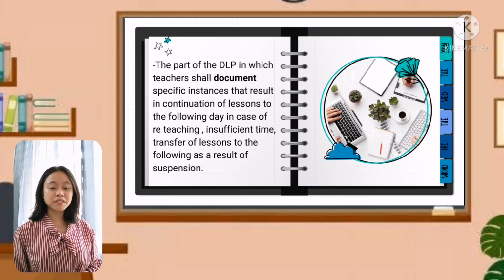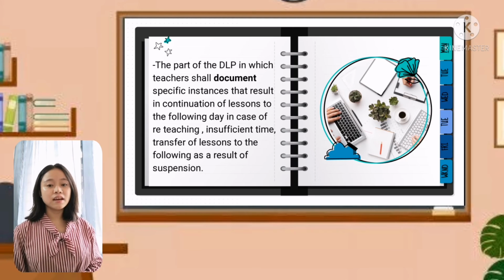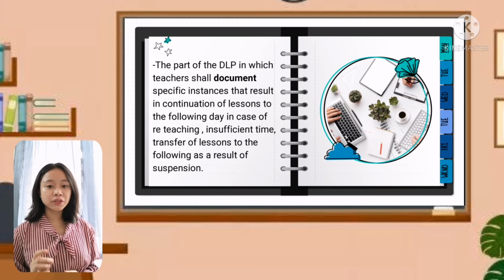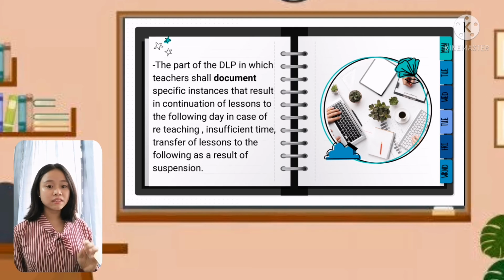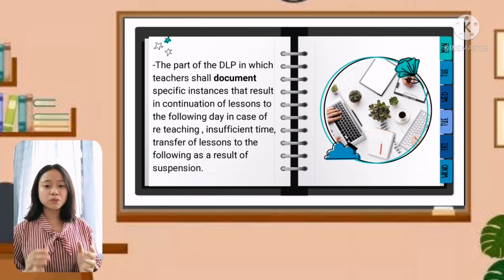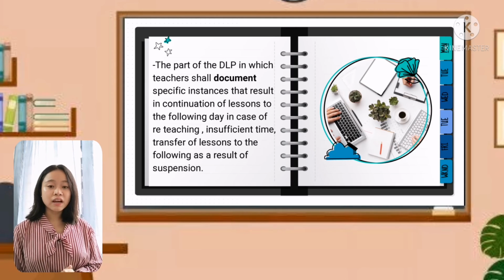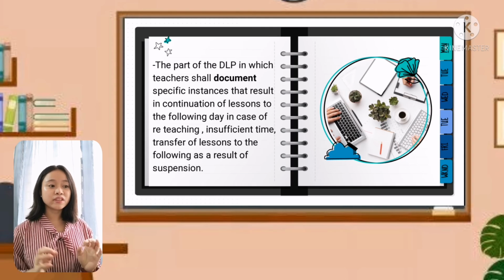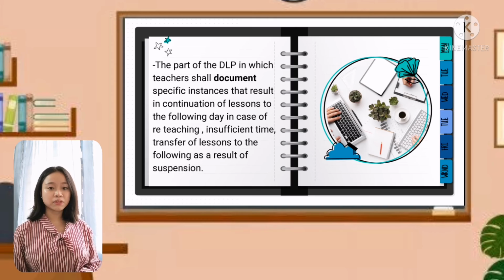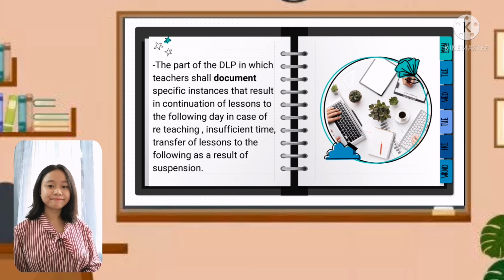Documentation is necessary, specifically of learners' scores for the different activities, as it will help the teacher identify whether she or he needs to reteach the lesson, and also if there is not enough time for the whole lesson to be finished, or for transfer of the lesson as a result of suspension.